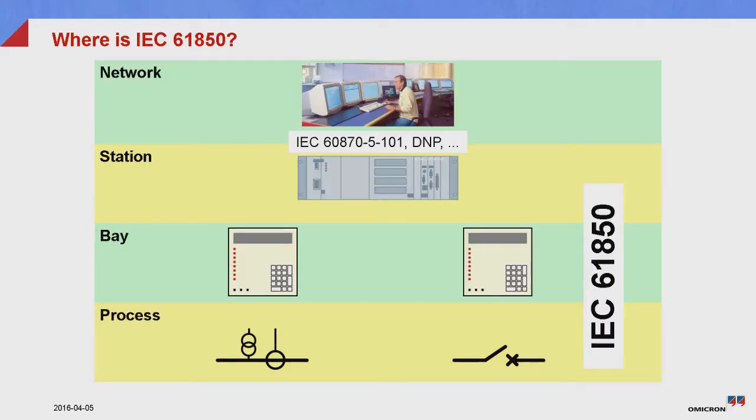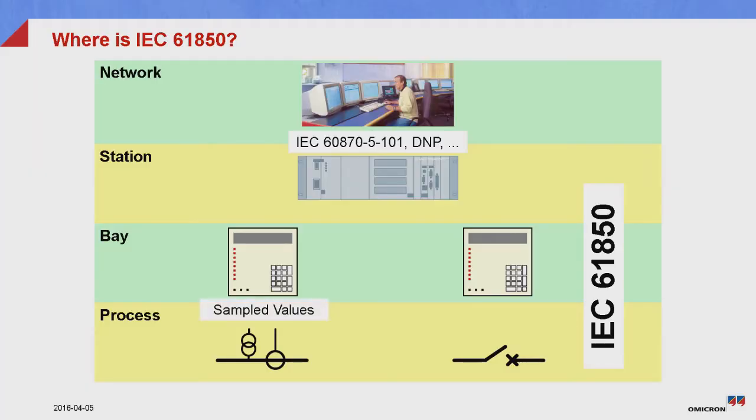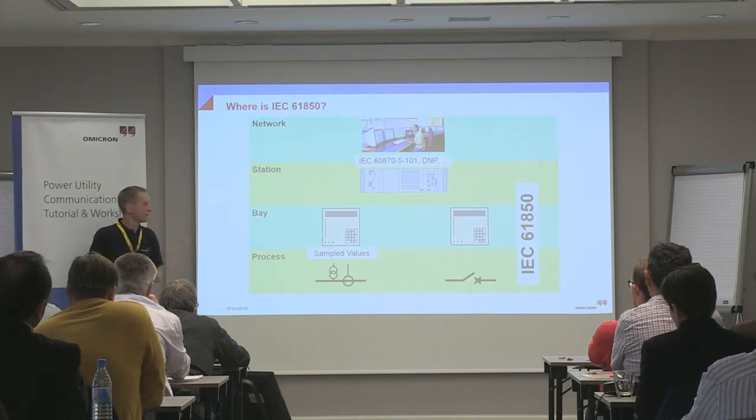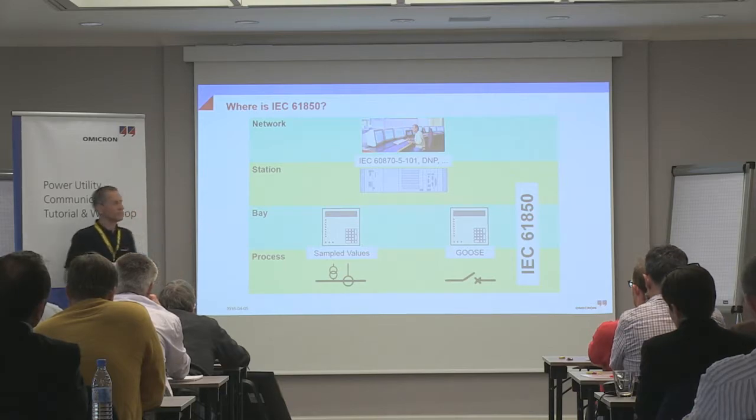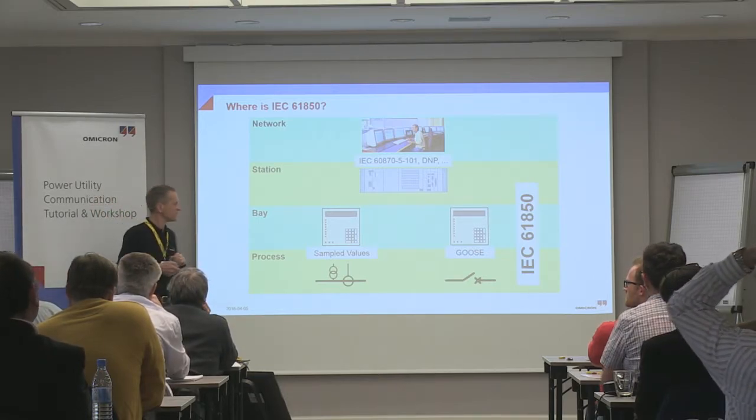Now, where does 61850 come into place? In the beginning, as already mentioned by Christoph, it was in the station focus. Here we got some new ways of interconnecting things. To get in the data from the CTs and PTs, or let's say the current sensors and voltage sensors, we now have the sampled values in place. The binary exchange to the process close devices can be done with GOOSE now, if you have intelligent controllers on your switchgear.